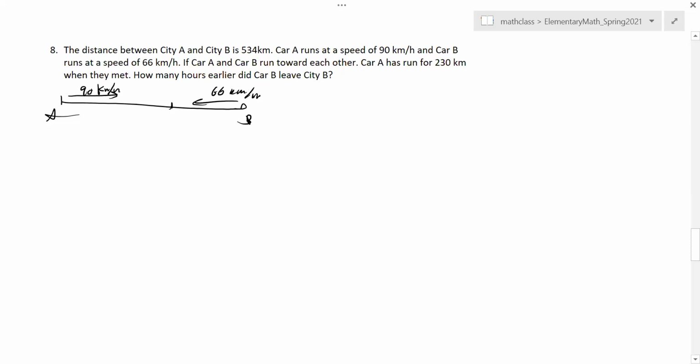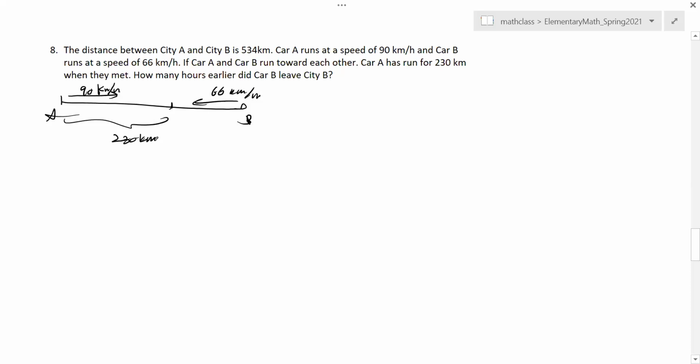Do the cars leave the cities at the same time? No, it says how many hours earlier did car B leave city B. So there's a difference. We only know that when they meet, car A already traveled 230 kilometers.